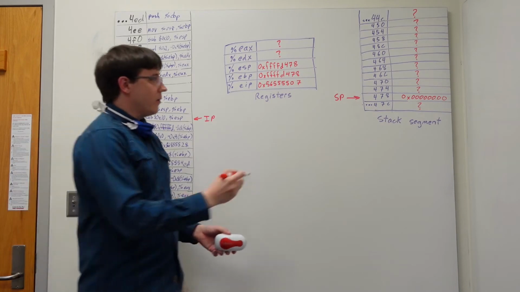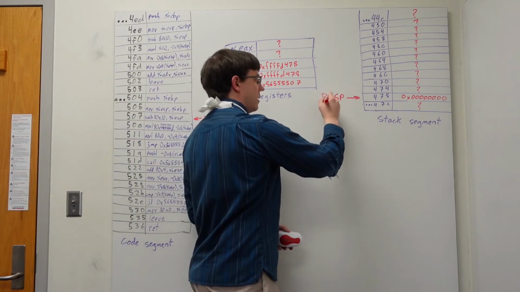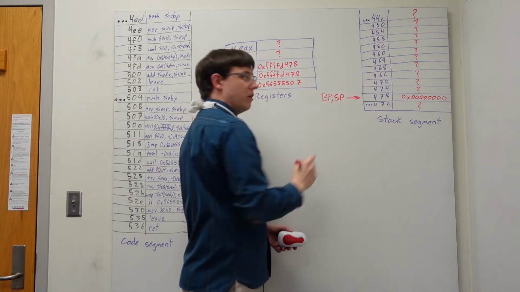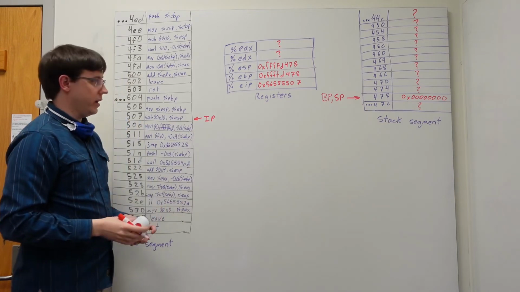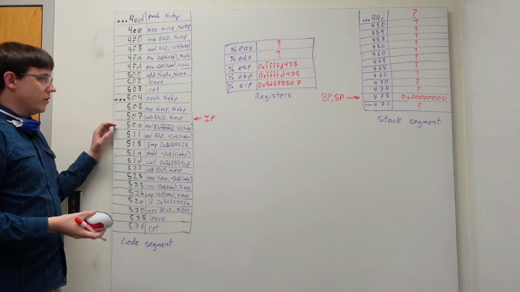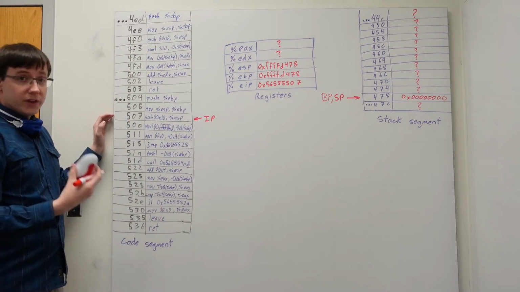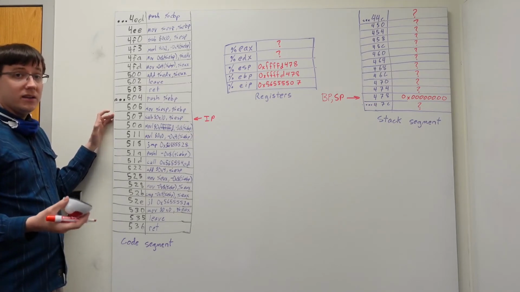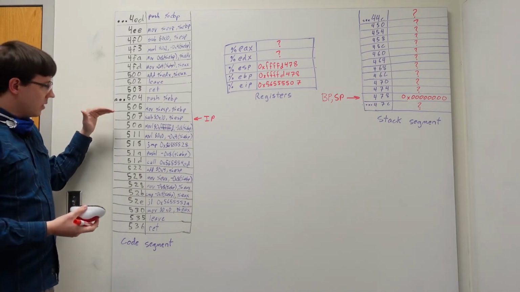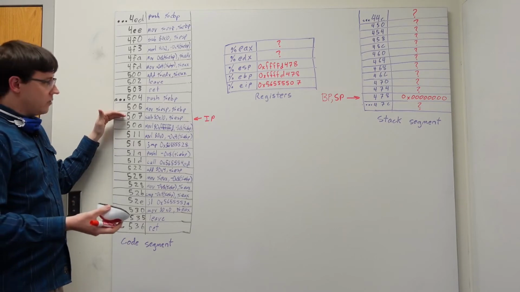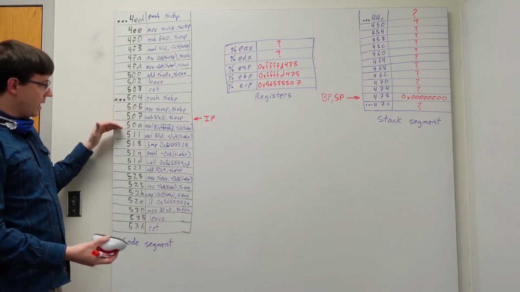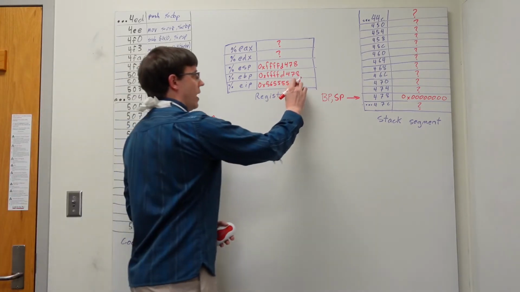And so that means that right now the base pointer is pointing to the same location that the stack pointer is pointing. But on the very next instruction, we are going to move the stack pointer by subtracting 16 from it. So here we fetch the instruction, increment the program counter, so it will now store 50A.